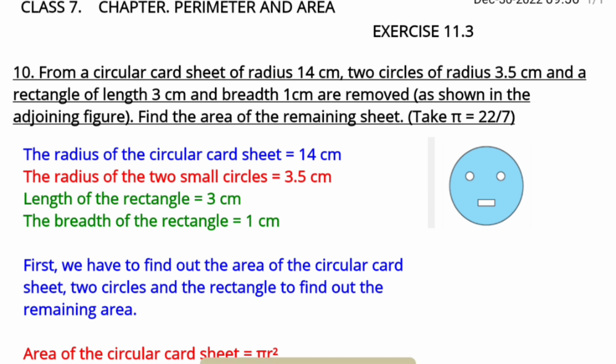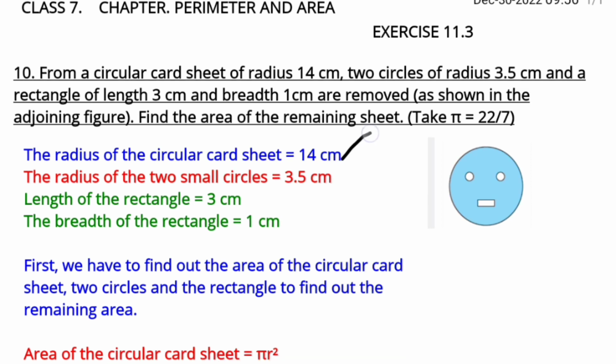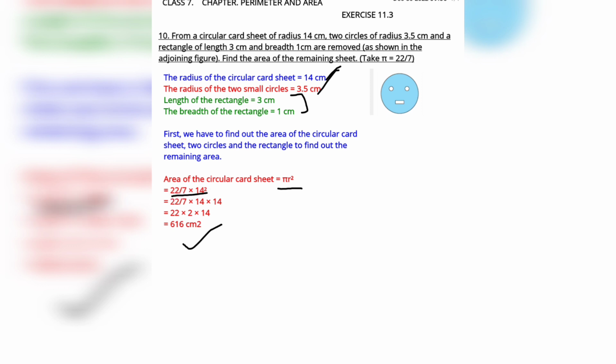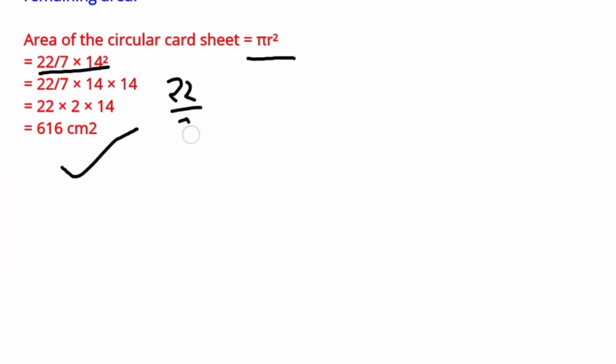So we have written here radius of circular card sheet, next radius of circles and then length and breadth of the given rectangle. So first of all, we'll calculate the area of the card sheet. So I have written the formula pi r square. Next I have written the values, pi into r square. So 22 upon 7 into 14 into 14.